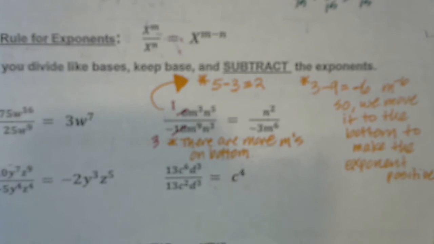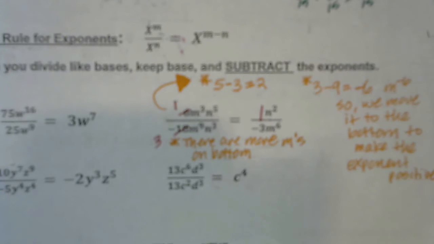So we handle whole number coefficients regularly and reduce them like regular fractions. If you want to have the 1 in your answer, you can, but it's imaginary, you don't necessarily have to have it. Okay?